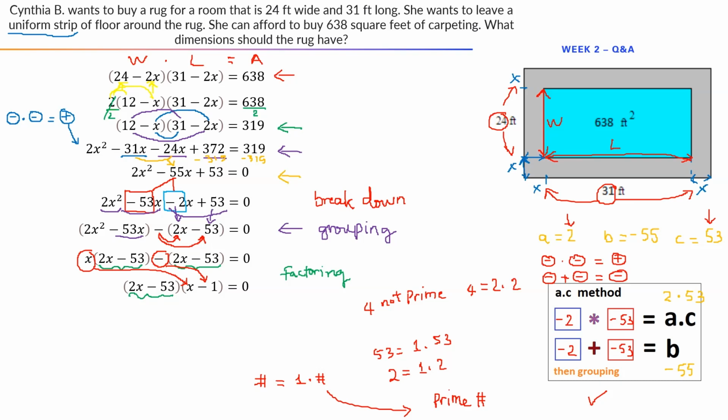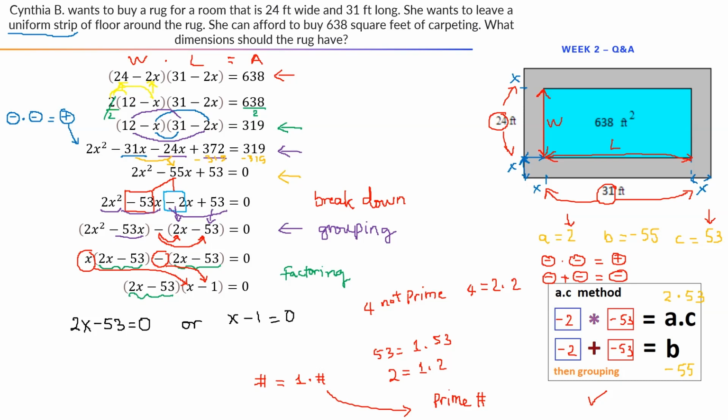Now we have to use the zero factor theorem to solve for this question, right? So to complete it, we will set 2x minus 53 equals 0 or x minus 1 equals 0.